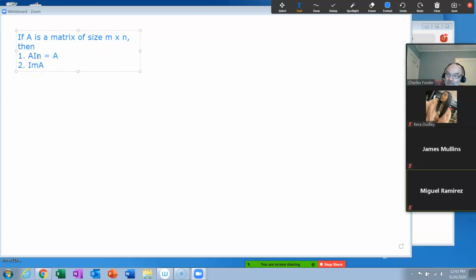All main diagonal 1s, all zeros elsewhere, but it's a different size. That will also equal A. So both of those are true.